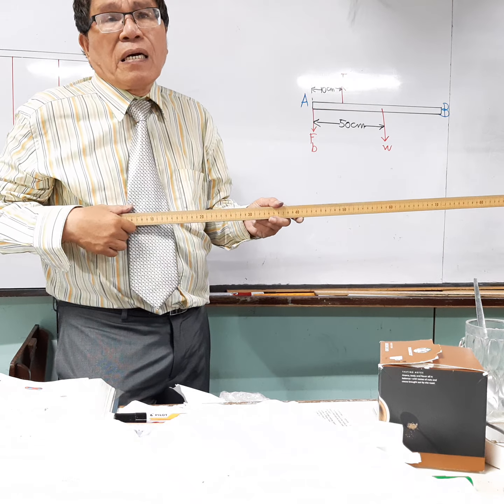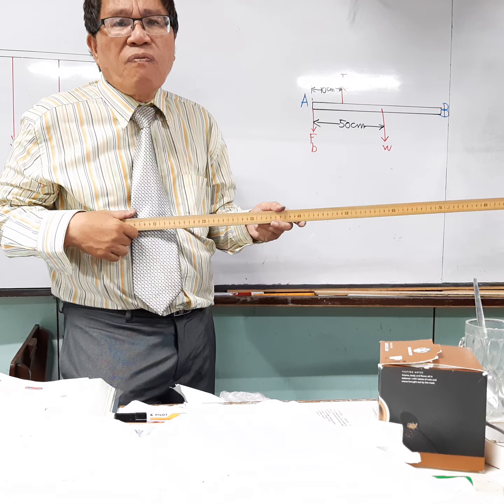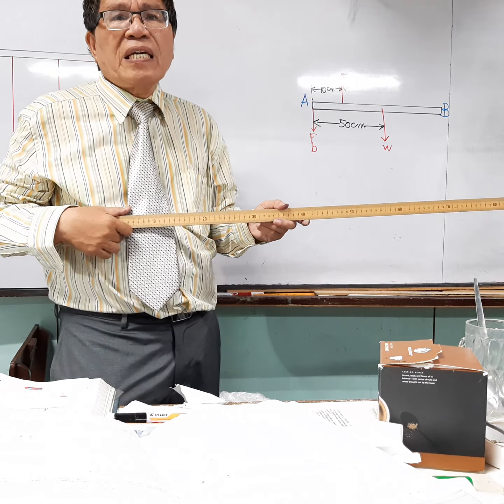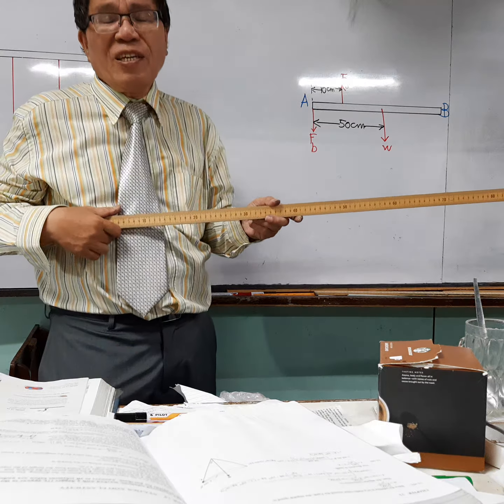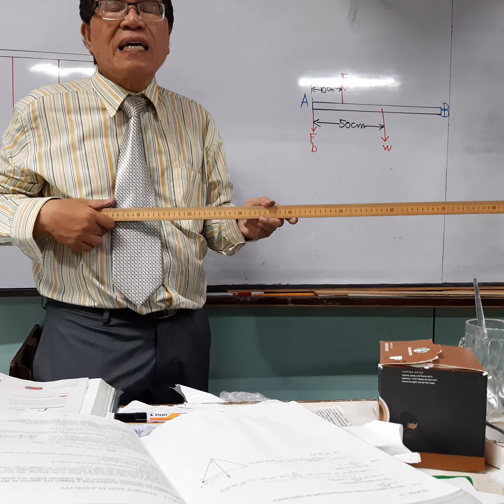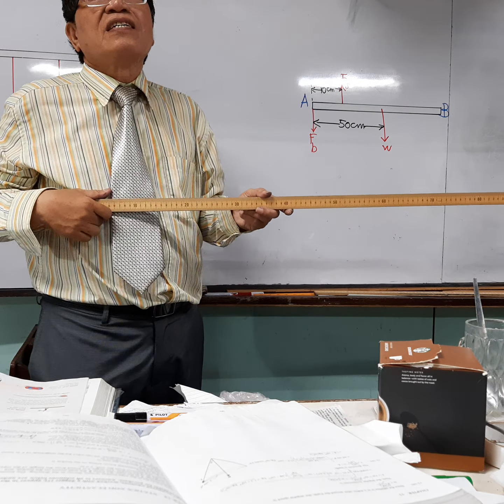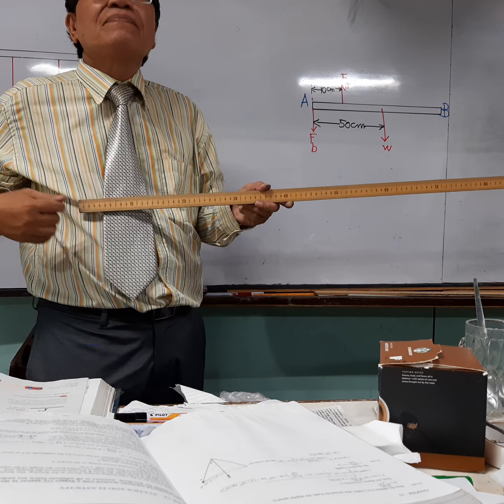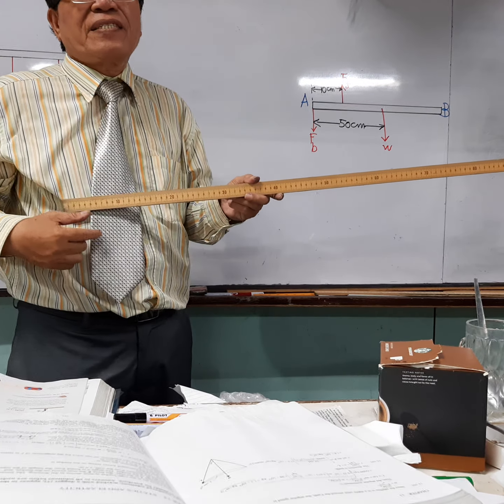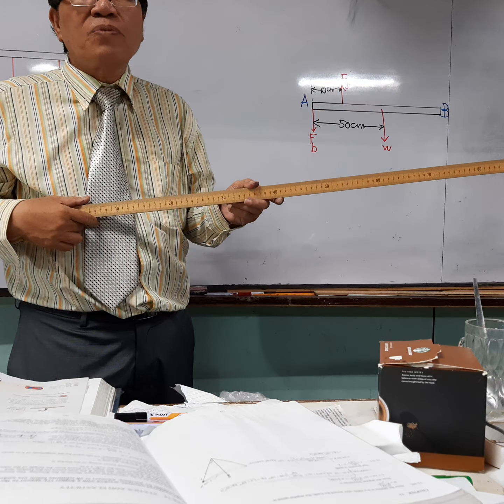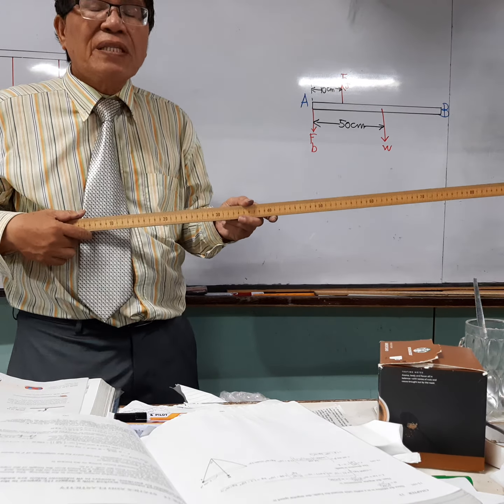The gravitational force F equals the universal constant G times M1 M2 divided by S squared, where S is the distance of separation between the two masses.